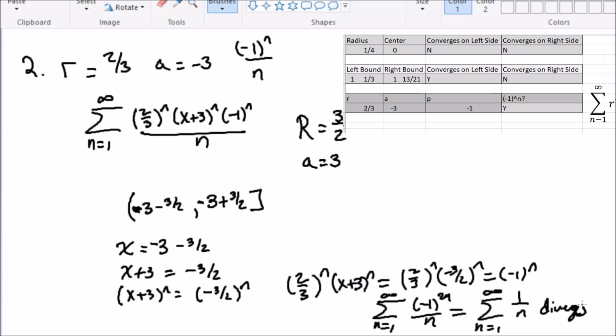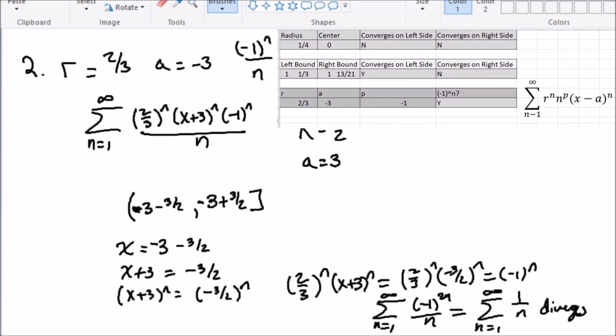Okay, so what I'm doing, when I do all these power series in my head, all I'm looking at in my mind is that I parameterize the entire series. So I break the series down into some number to the n. This little r is going to be 1 over my radius, so my radius is the reciprocal of this little r. This x minus a is always the center of my interval. And this n to the p, these other parts, determine just the endpoint convergence.